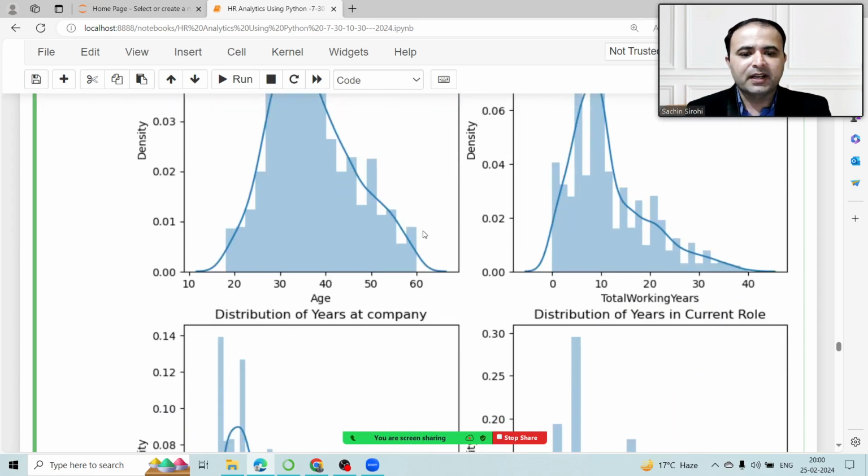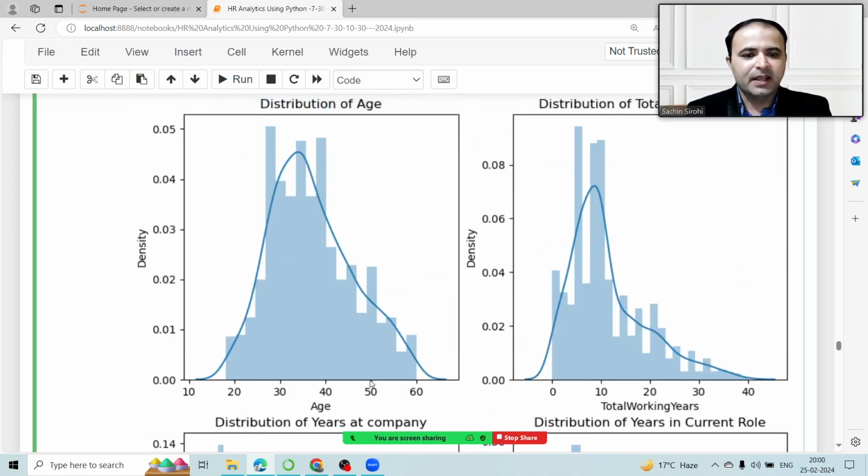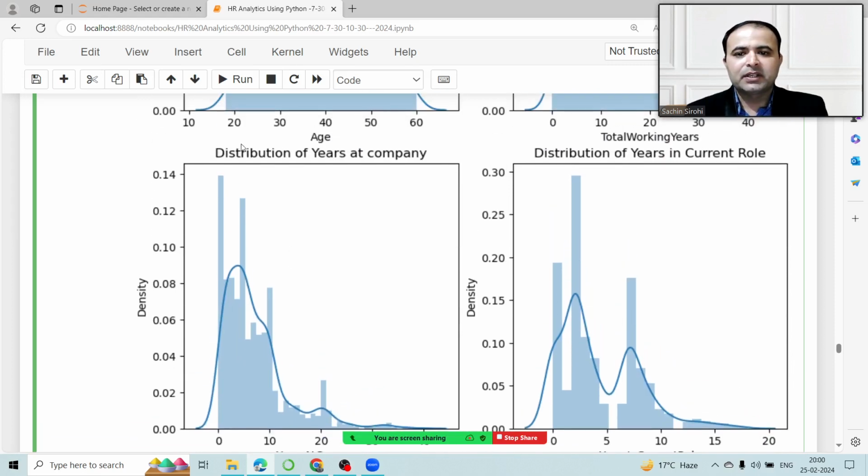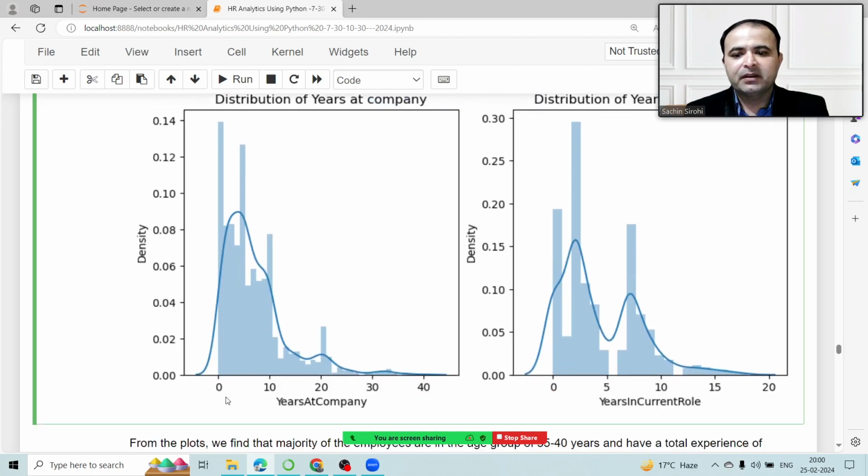You can consider the working years, age, and years at company: the distribution of years at company, like 0 to 10, 10 to 20, and 30.